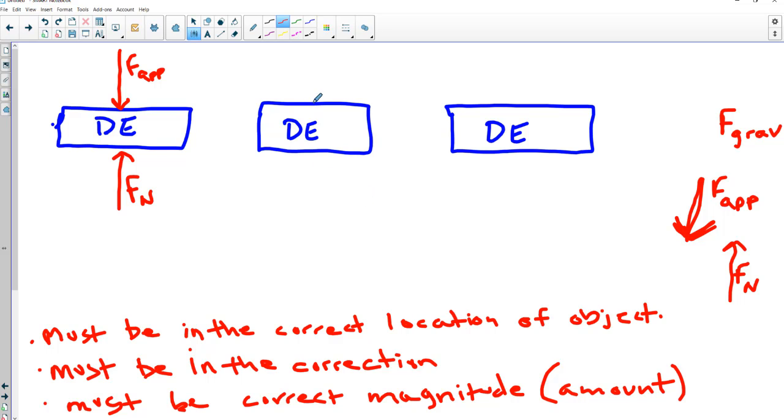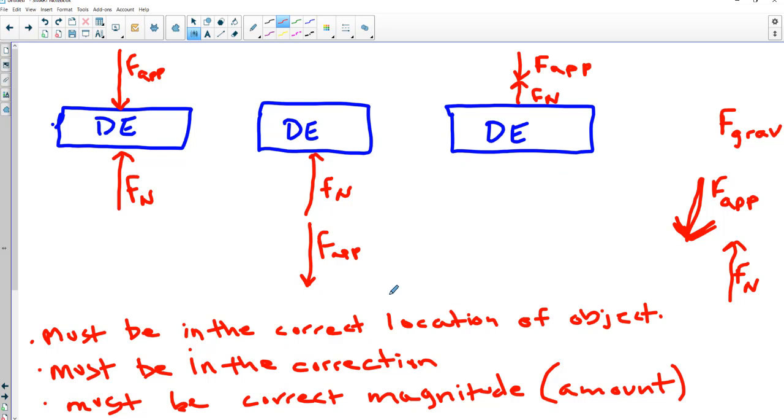It would also be correct if we said force normal. Notice my arrows are the same length, and force applied or force gravity, we could label that. And then here I could say force norm and force applied. All of those are correct.